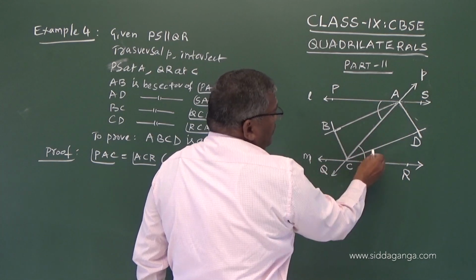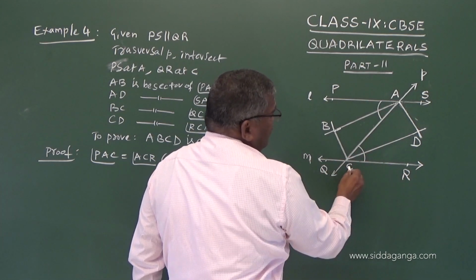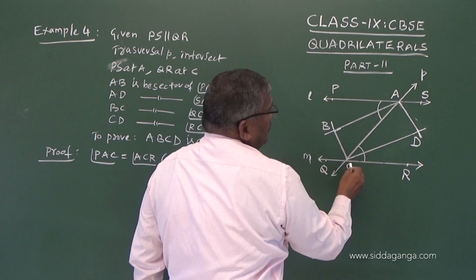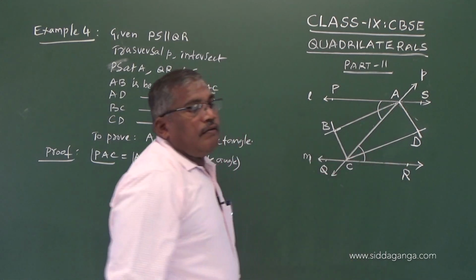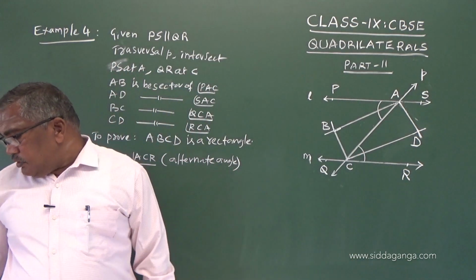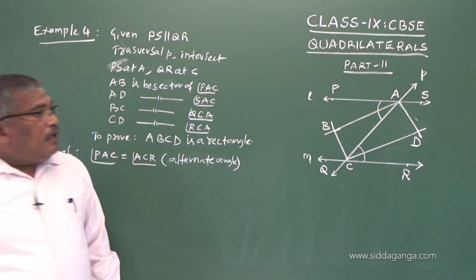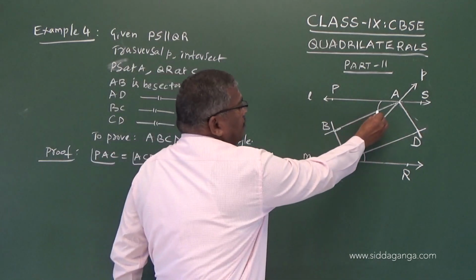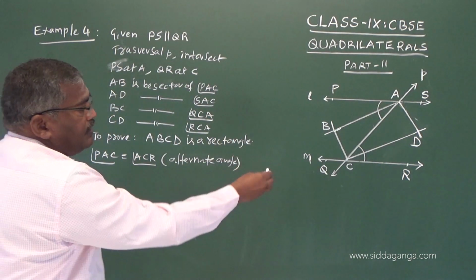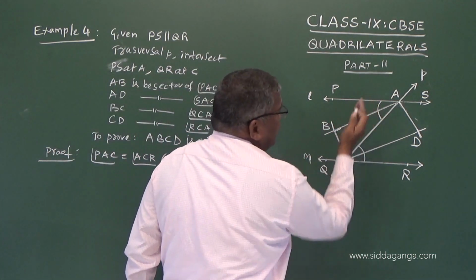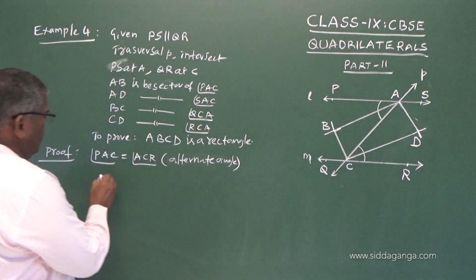Similarly, RCD is equal to DCA because this is the angular bisector. So half of angle PAC will be equal to half of angle ACR, because angular bisectors divide them.